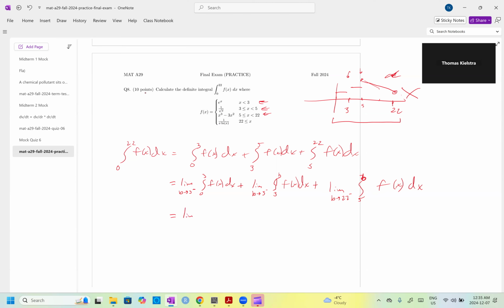So this equals the limit as b approaches 3 from the negative side of the integral from 0 to b of e to the x dx, plus the limit as b approaches 5 from the negative side of the integral from 3 to b of x to the minus 1/2 dx, plus the limit as b approaches 22 from the negative side of the integral from 5 to b of x cubed minus 3x squared dx.